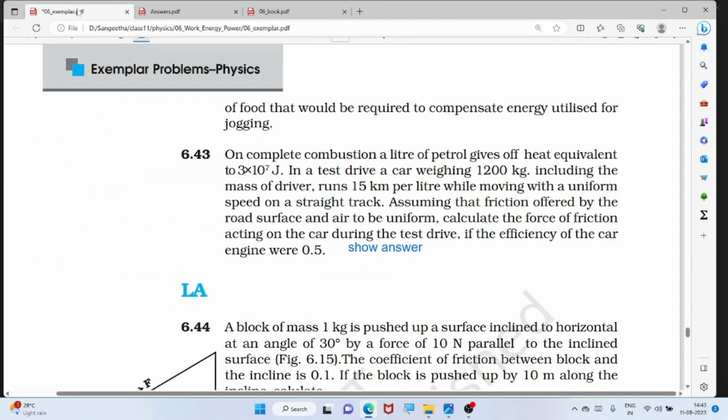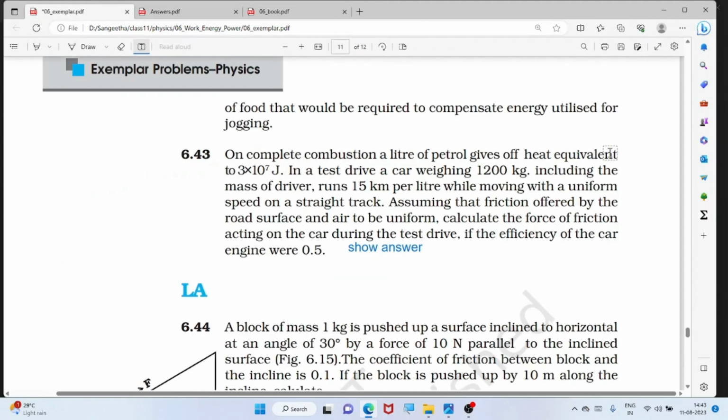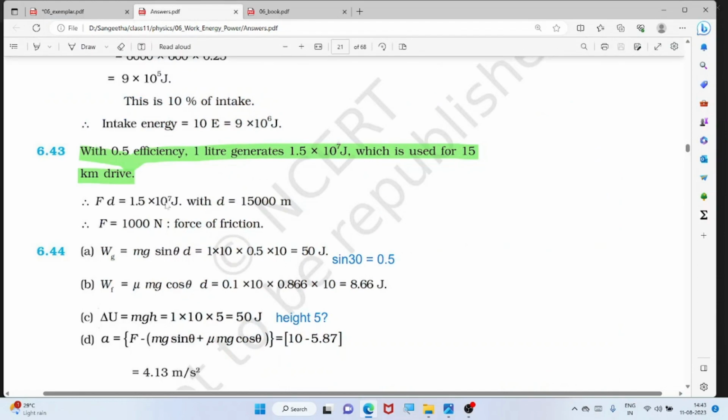We are given 3 actually. This much is told, because of the 0.5 efficiency we have to divide by 2. Okay, then after that this.